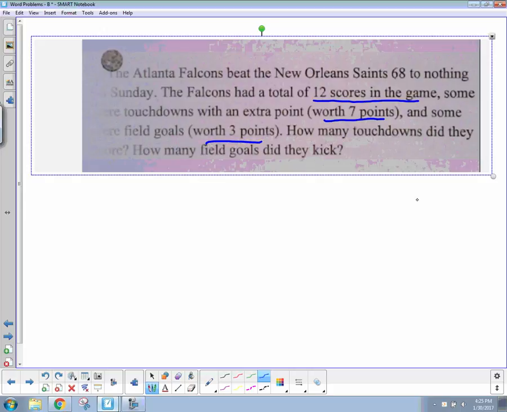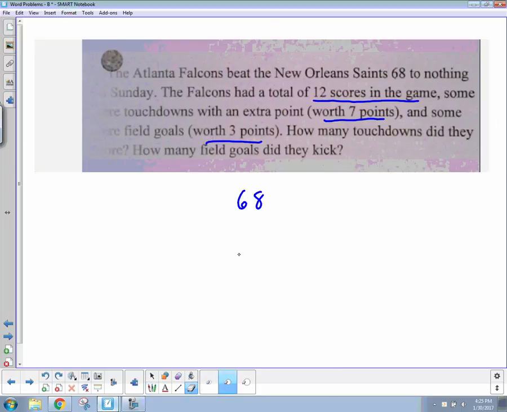All right. So, we have 68 total points. That's what's their worth. Total scores was 12. X plus Y. And again, X is going to be touchdown with extra point, touchdown with the kick.